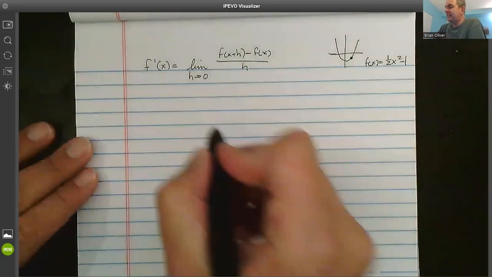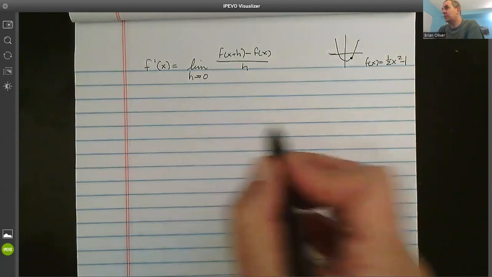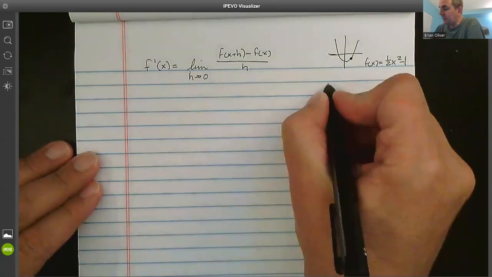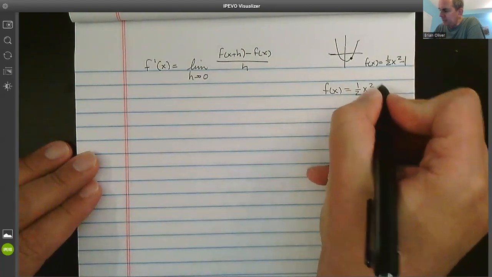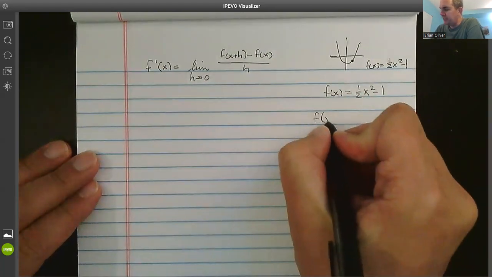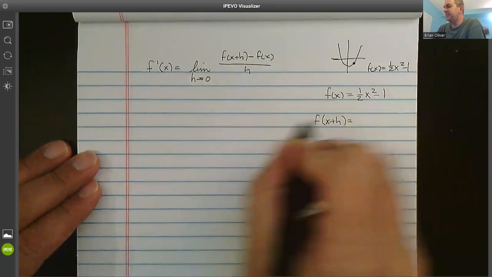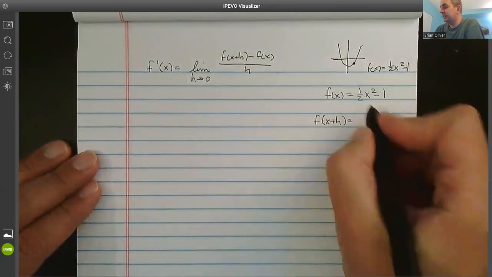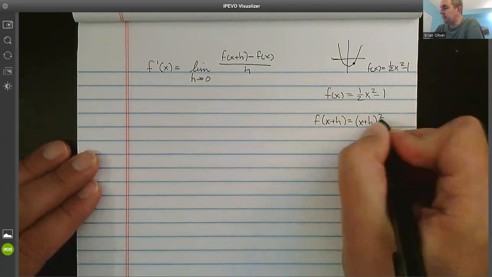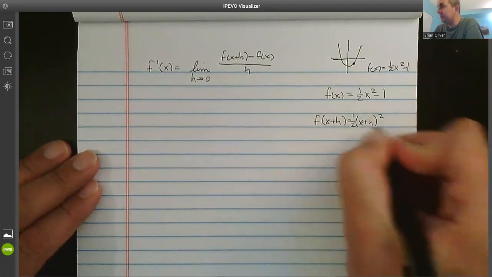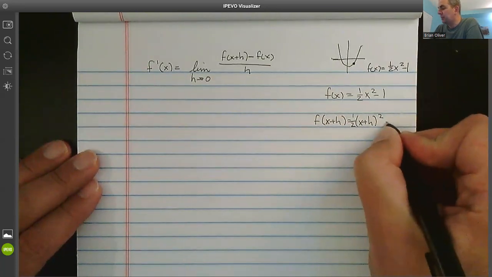So the idea of a derivative is, I know that f of x is 1/2 x squared minus 1, and what I'm going to look at is f of x plus h. I'm going to substitute x plus h into this. So it's going to be 1/2 times the quantity x plus h, squared, minus 1.